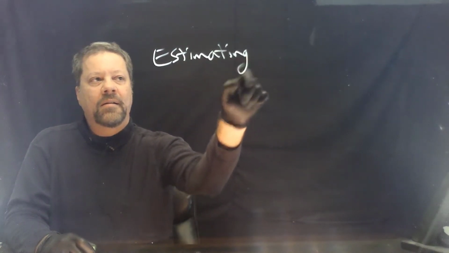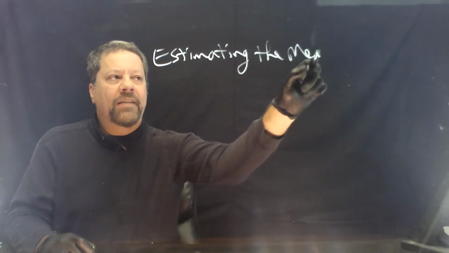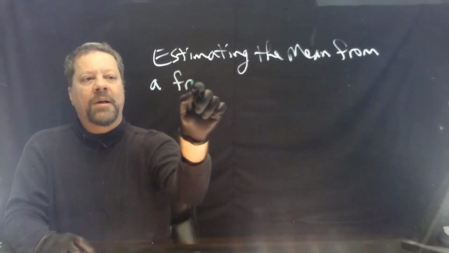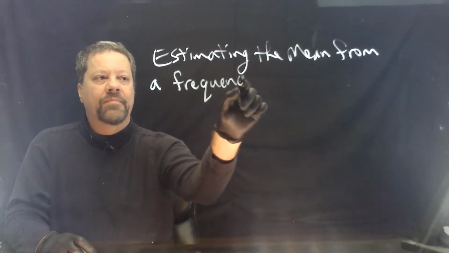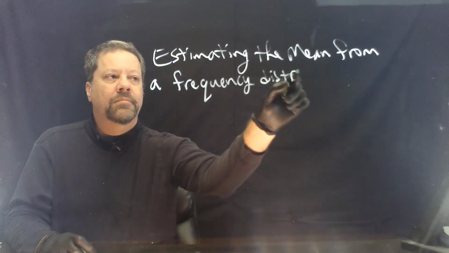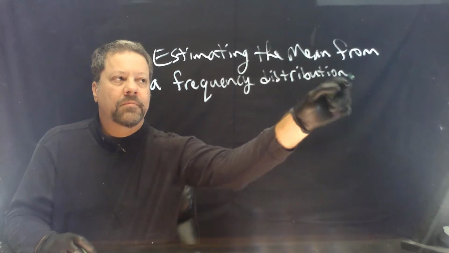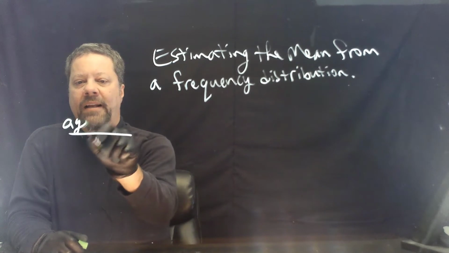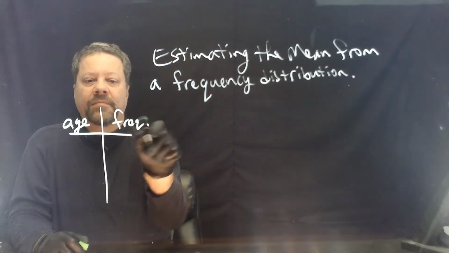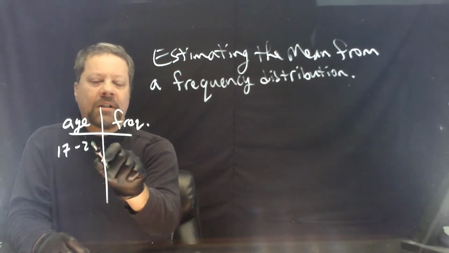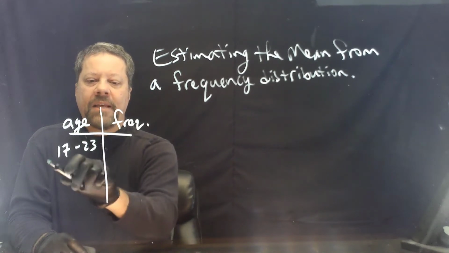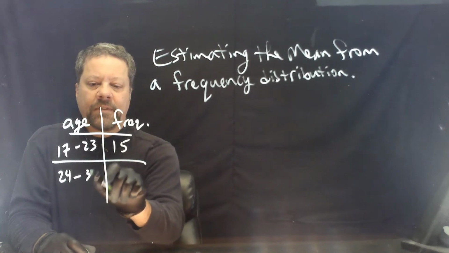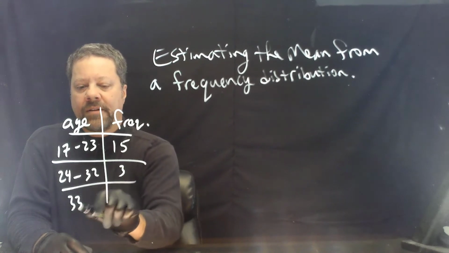Sometimes you're not actually given the data, but maybe only given a frequency distribution. For example, before we had age and these frequencies: 17 to 23 with 15, 24 to 32, 33 to 40.